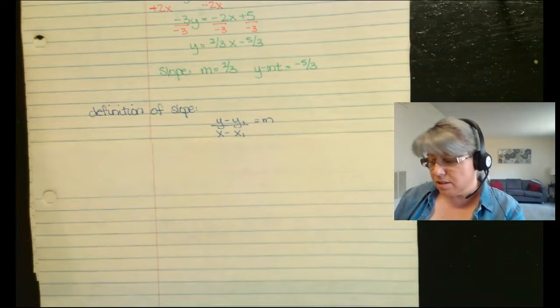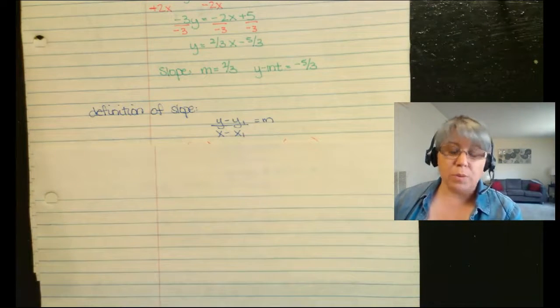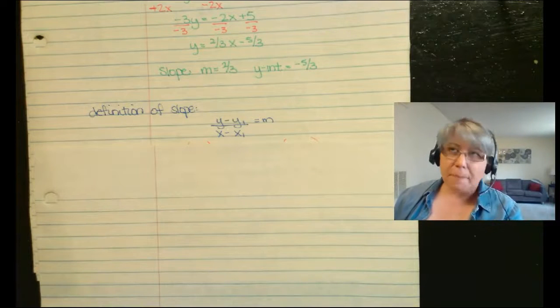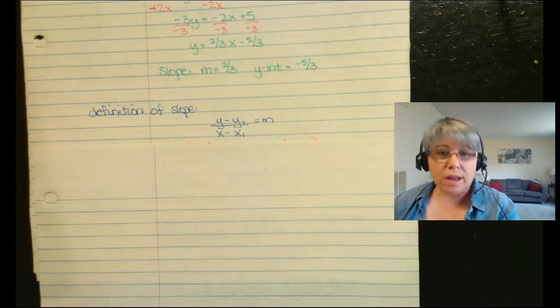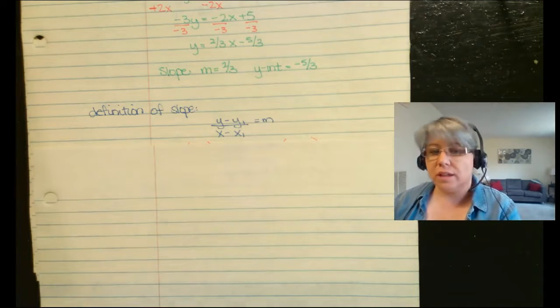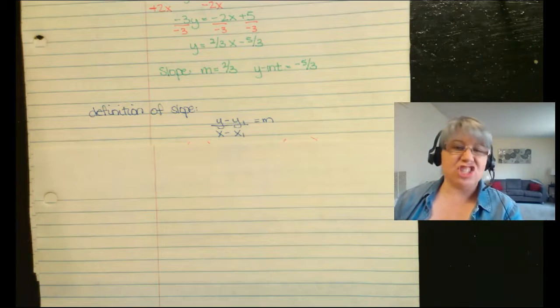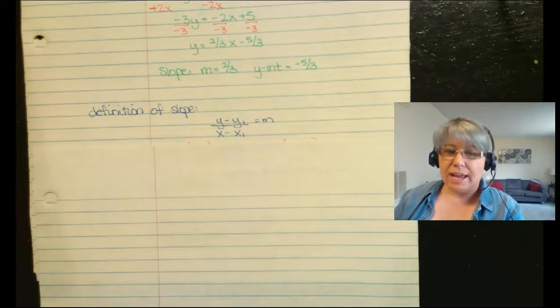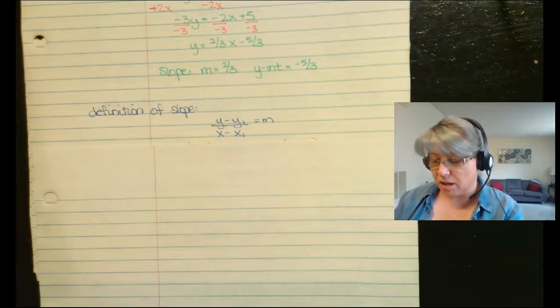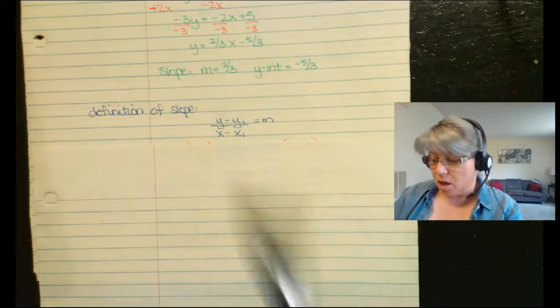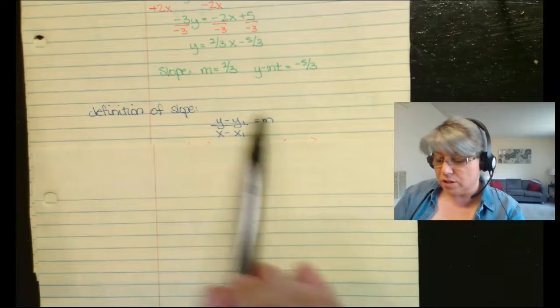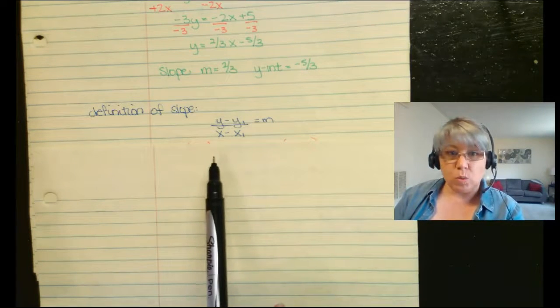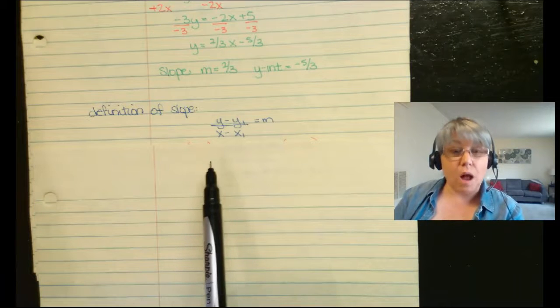So let's go back to the definition of our slope, which is (y minus y1) over (x minus x1) equals m. Now that's just a generic point (x, y), and a generic point that's on the line. Okay. So I want to eventually solve for y.